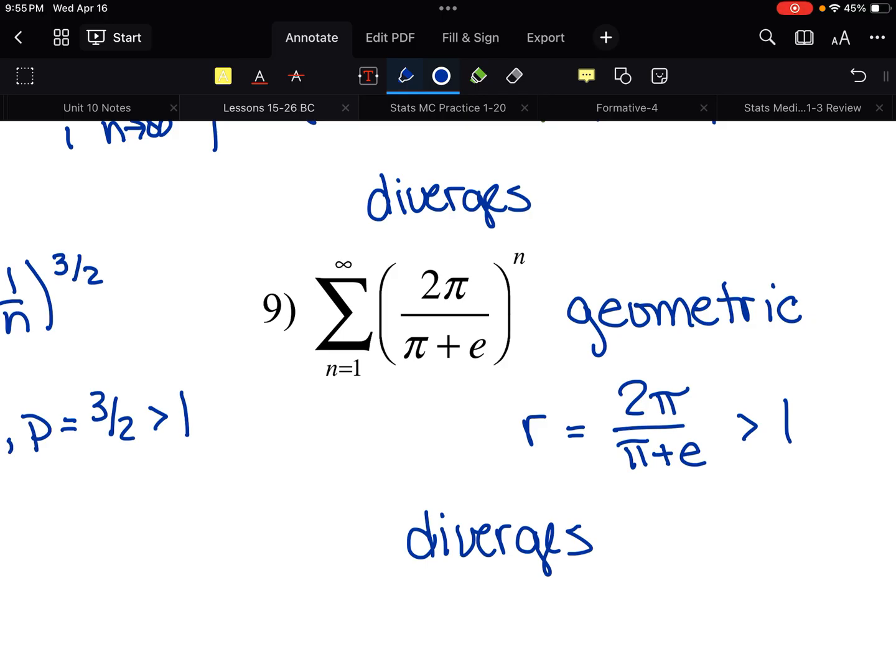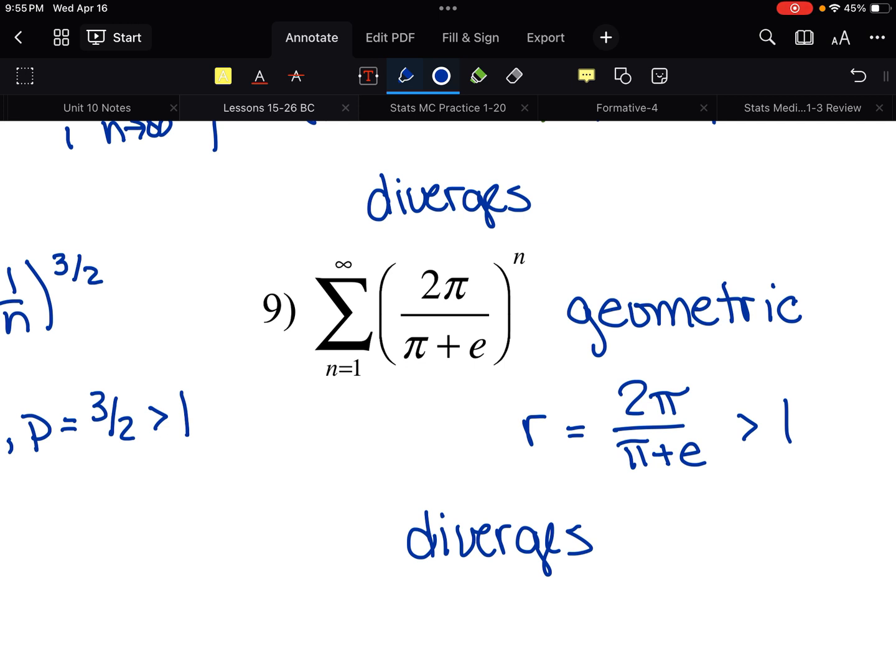If you have to type that in the calculator, that's okay, I guess. But 2 times 3.14, and then like 2.7 something plus 3.14 is like 5.84-ish. So 6 over 8 is less than 1. No, I said that wrong. I've got to fix that.